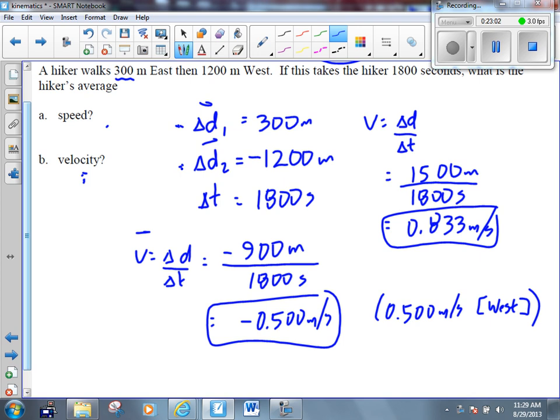When you go in the same direction, the speed and velocity will be the same. When you change direction, the speed and velocity will be different. Okay, what would have happened if he had to walk 300 meters east and then 300 meters west? What would his average velocity have been? 0, because he would have been back where he started, right? Good. All right, we're going to wrap it up there.